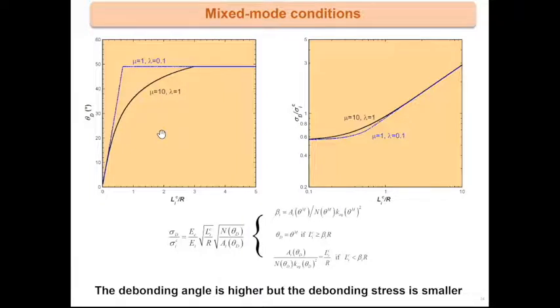So it seems that the mixed mode is important for the angle. It modifies the angle quite a lot. But if you go back to the critical stress, it does not change so much. So it's something I observe very often in this problem of interfacial debonding. Mixed mode is important for propagation, but not so much for debonding.